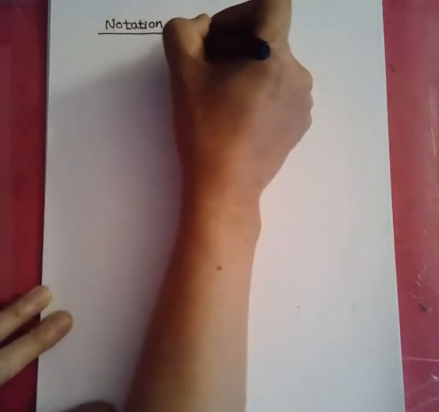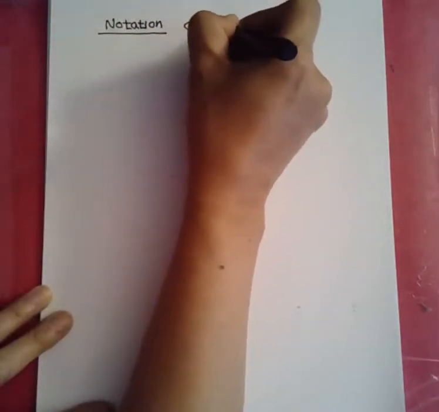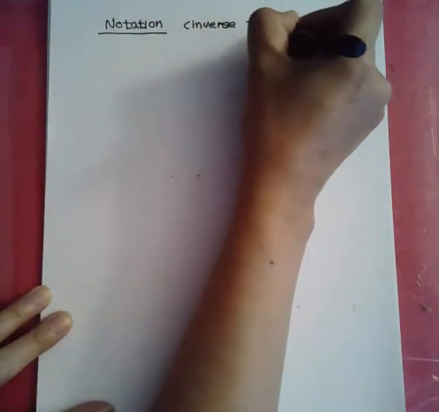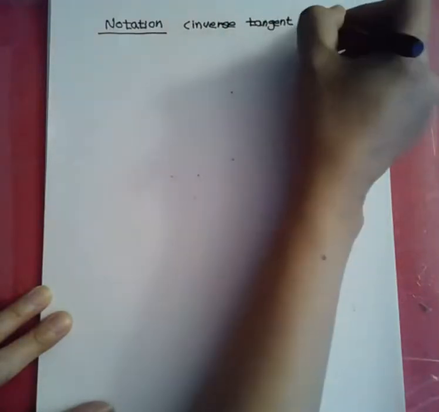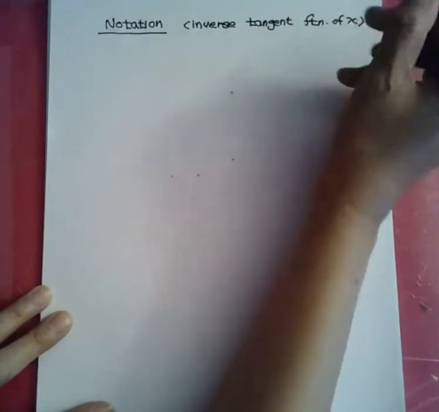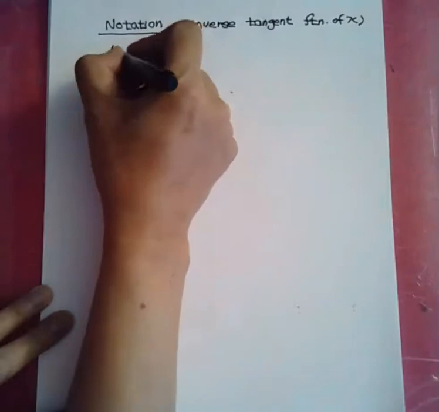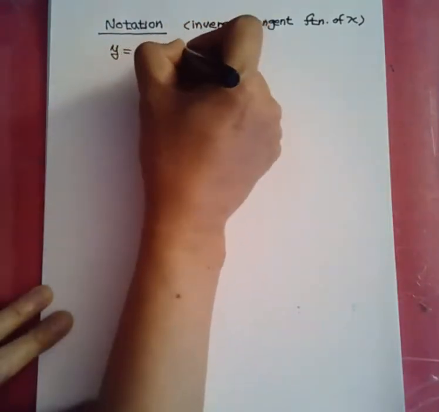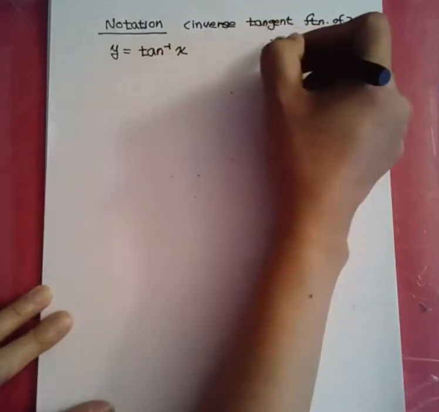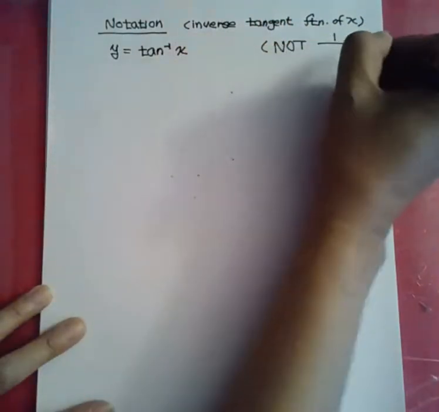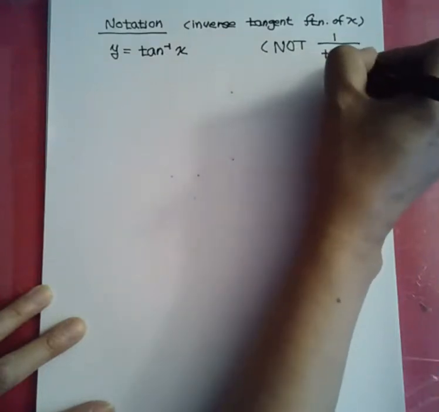Notation of the inverse tangent function of x is y equals tangent inverse of x. Again, that is not 1 over tangent of x.